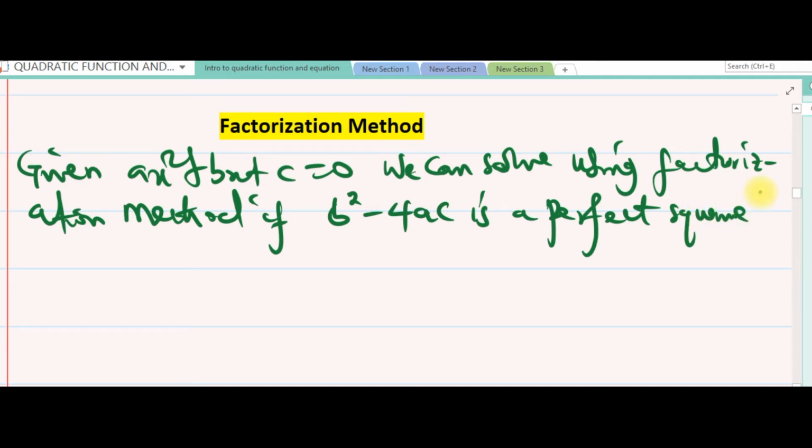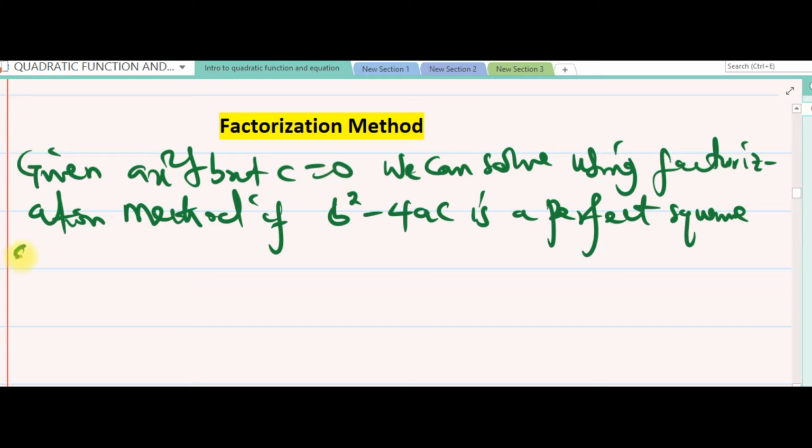So b, that's the coefficient of x, squared, minus 4 times the product of the coefficient of x squared and c, if it's a perfect square, we know that we can solve it using the factorization method.